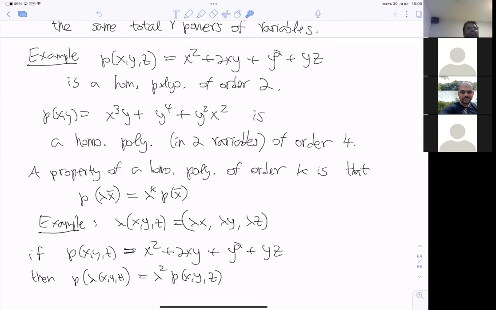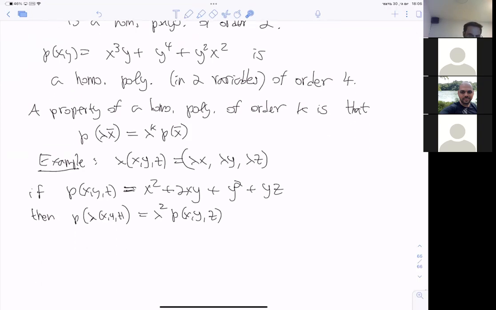Over the projective plane, this is good, okay? Because for us, lambda x is x.